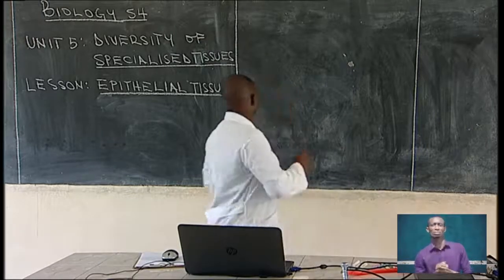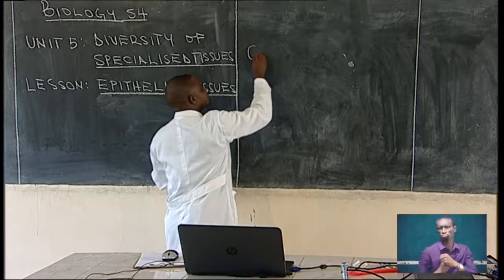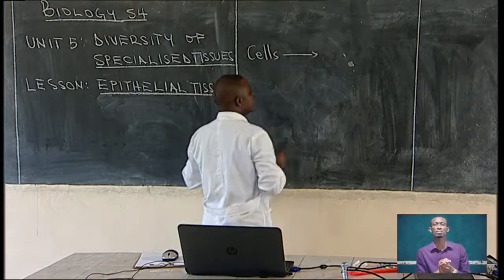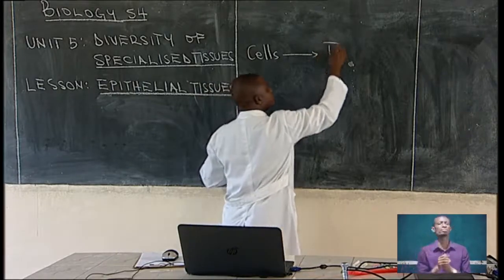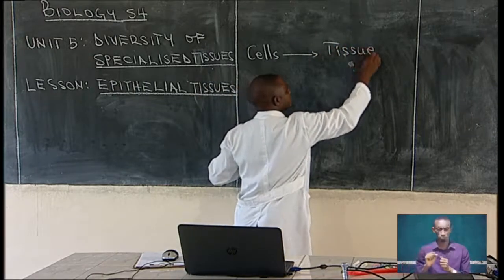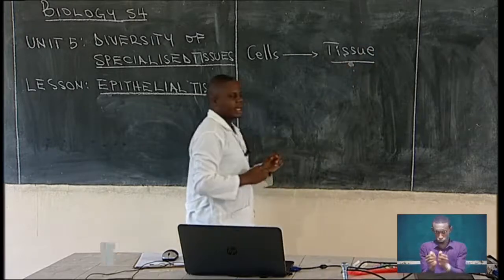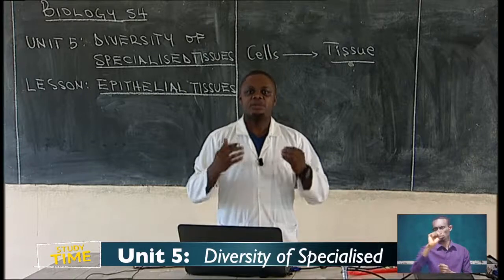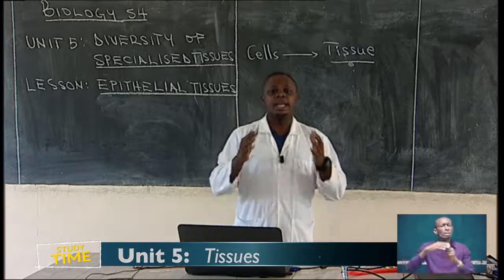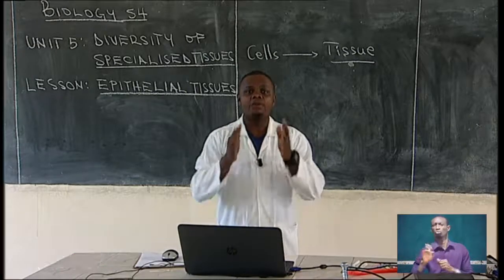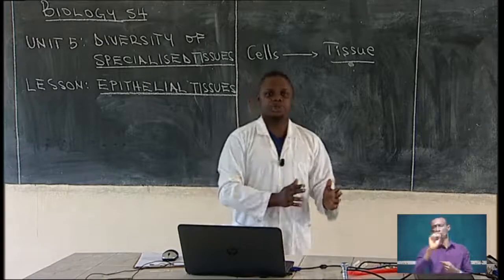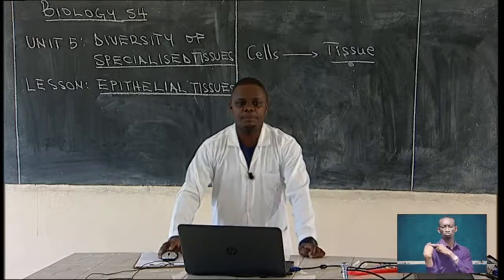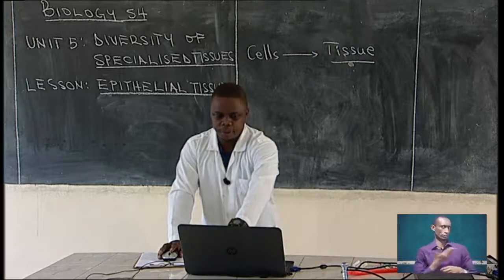Here we say we have cells, and these cells will join together to form a tissue. So our concern today is about the term tissue. Specialized tissues. That means these tissues have particular functions in our body. So the lesson is epithelial tissues.